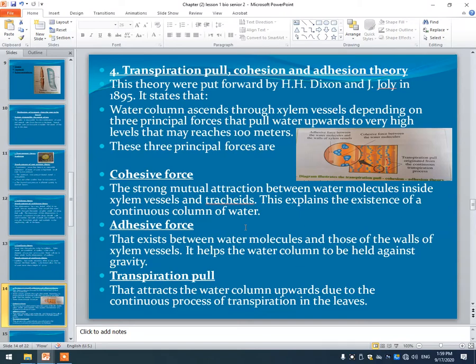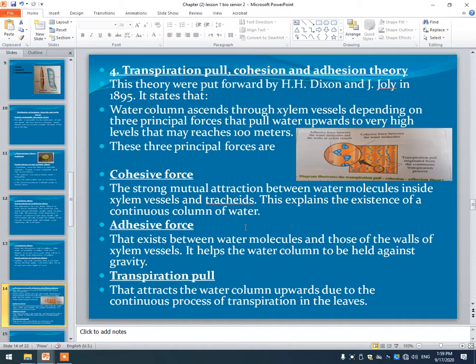After that, adhesive force, which exists between water molecules and the wall of the xylem. It helps the water to be held against gravity. Cohesive force is between water molecules, and adhesive force is between water molecules and the xylem wall. Then transpiration pull.